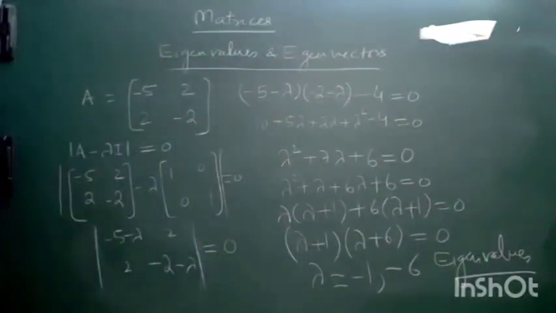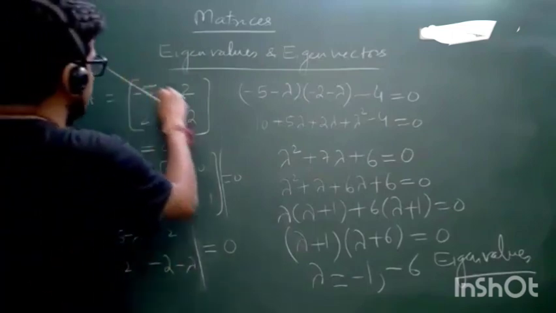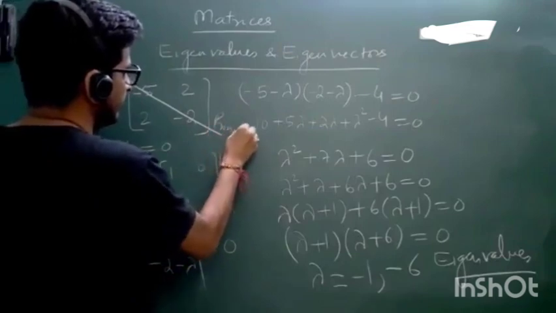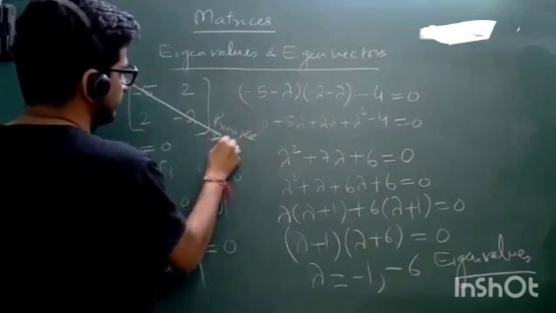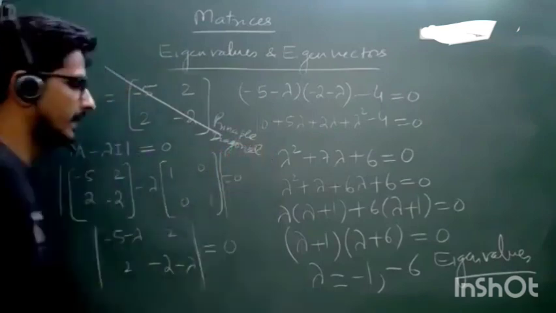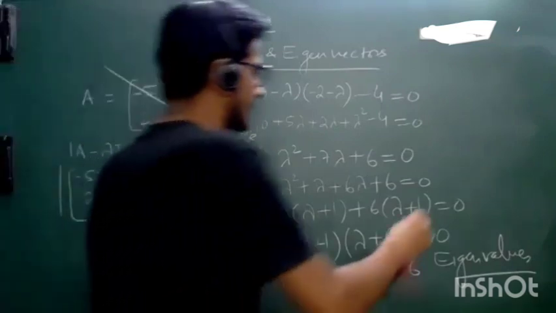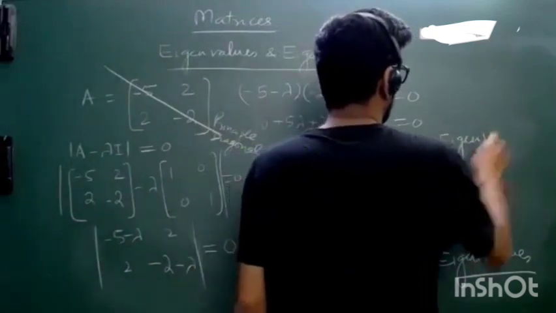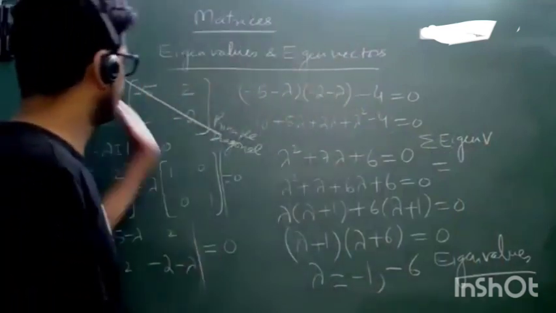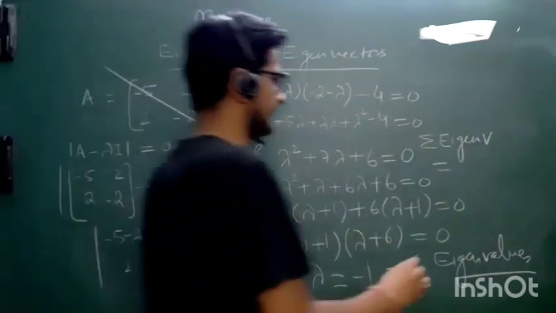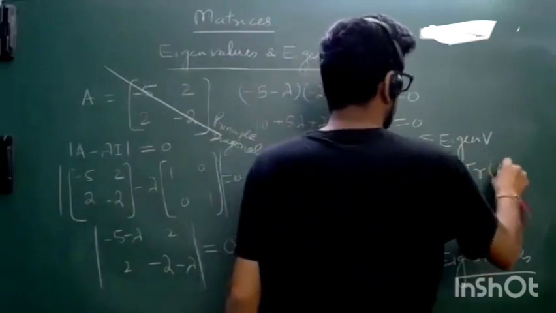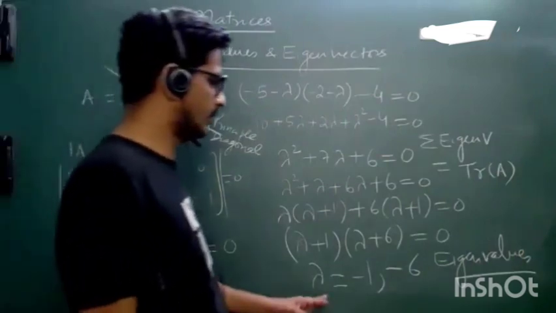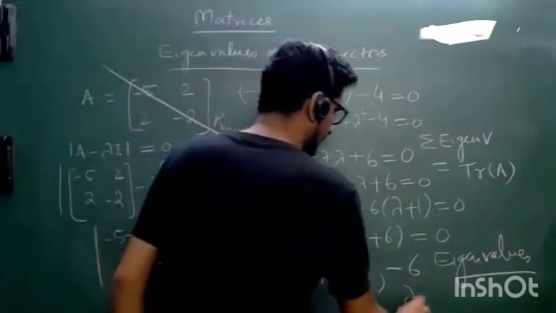One important property I want to tell you, that this diagonal is known as the principal diagonal. Okay. So the sum of eigenvalues is equal to the sum of principal diagonal elements, which is also known as the trace of A. So suppose these are two values, lambda 1 and lambda 2.